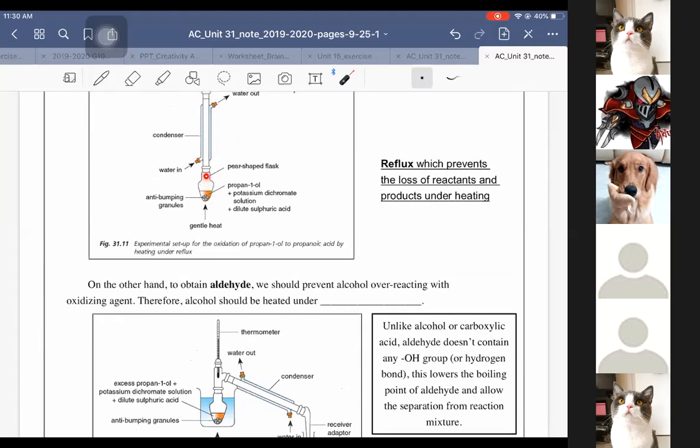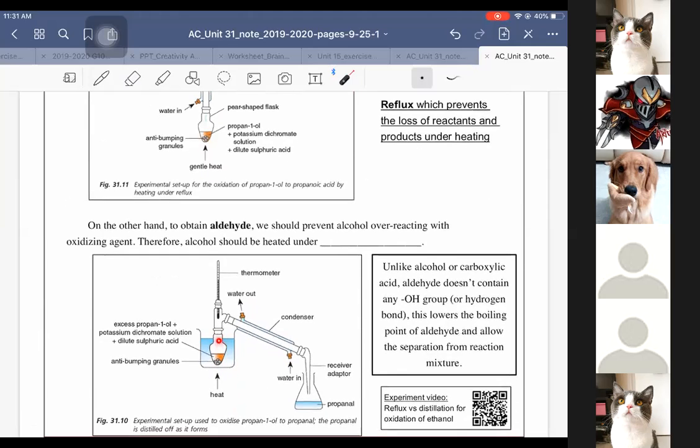When the organic reactant evaporates in reflux, it's going to condense back to the round bottom flask. But here, if the organic compound, for example aldehyde, evaporates, it will go this way. And once it touches the condenser, it will not be able to go back to the round bottom flask. It will follow this tube and then be collected in this conical flask. Okay, so that's a major difference between these two.